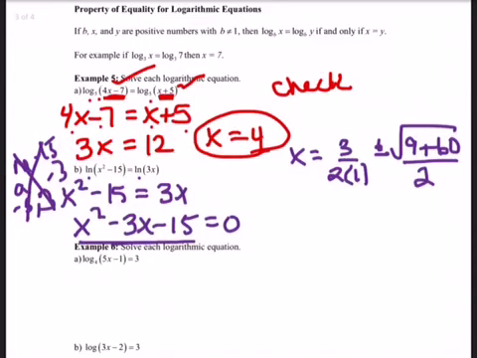2, sorry. All right, so I get 3/2 plus or minus the square root of 69 over 2. Now, if I look at the negative version of this, all right, 3/2 minus the square root of 69 divided by 2 is approximately negative 4.